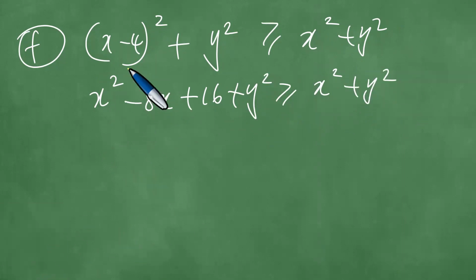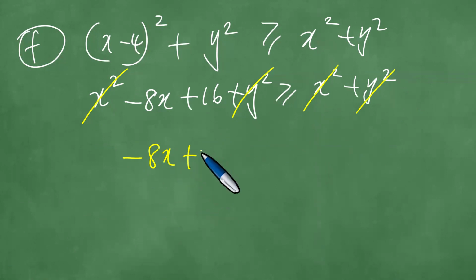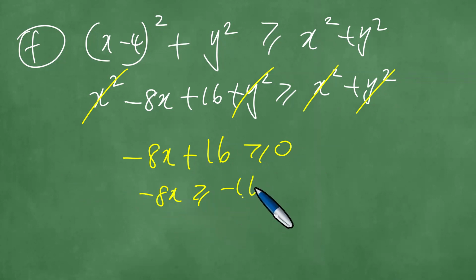And x squared cancels, y squared cancels, leaving us with minus 8x plus 16 greater than or equal to 0. So minus 8x is greater than or equal to minus 16. Divide by 8, which means x is less than or equal to 2.